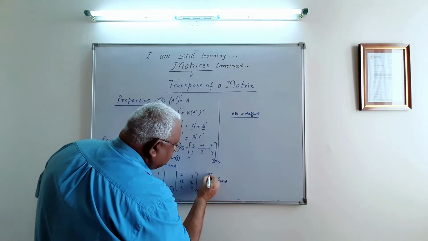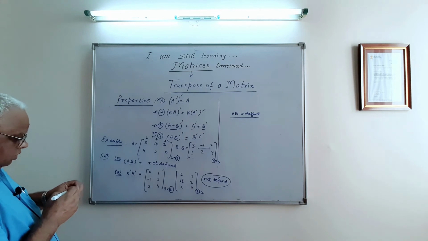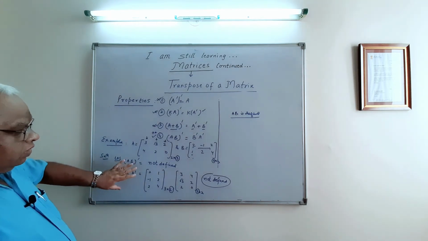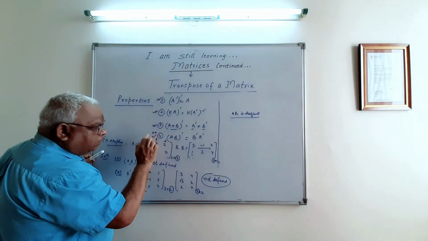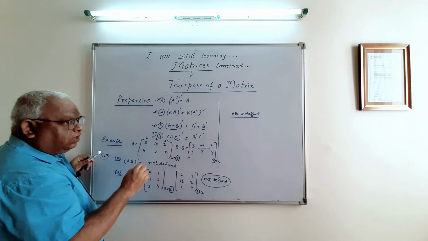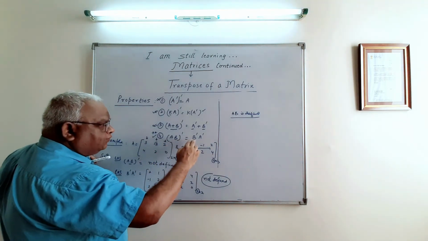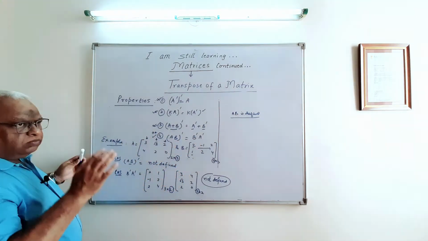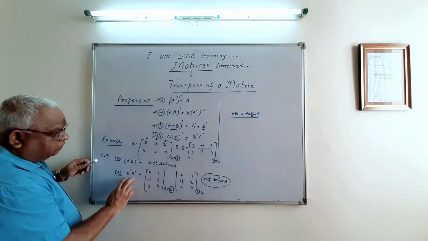What is the interesting part about this verification? What is the important part? What do you conclude about this? That is why I said this property is very important for you. To talk about AB transpose equal to B transpose A transpose, you must verify that AB is defined and this is defined.